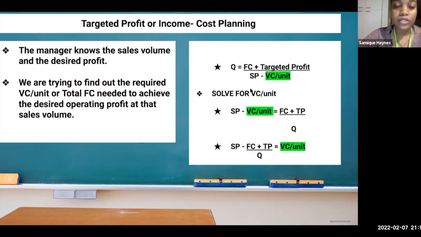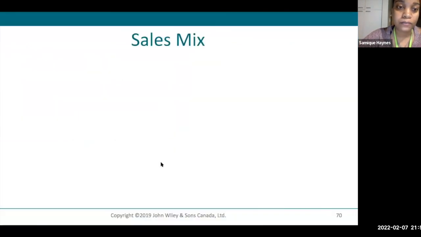So if you're asked to find one of these, you just use this formula and plug them in. Whenever you come across a question asking what the variable cost per unit should be to achieve this targeted profit, just use this formula and plug in the numbers you're given.